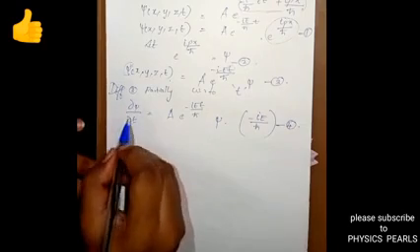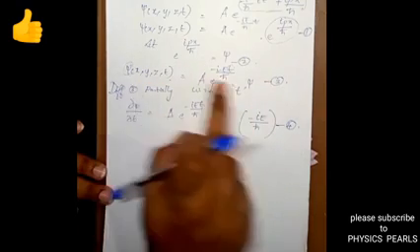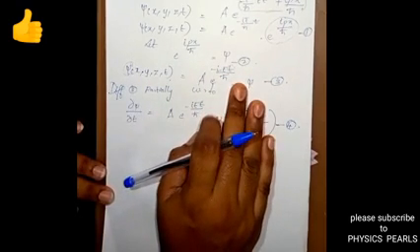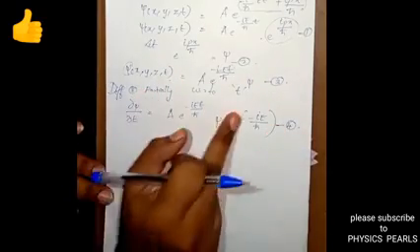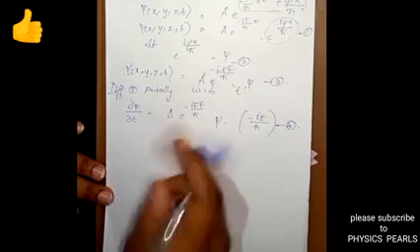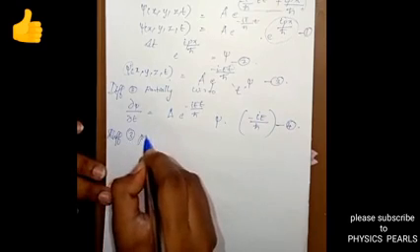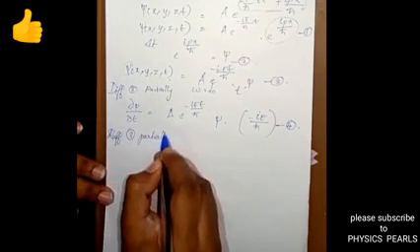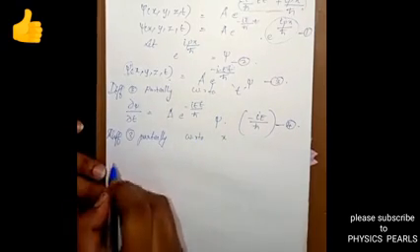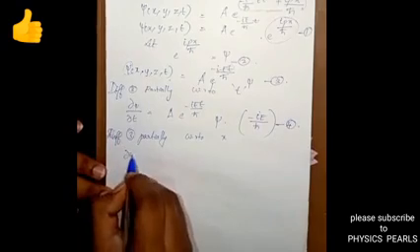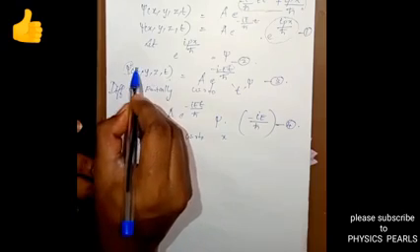Then we are going to differentiate equation number 3 again, partially with respect to x. Before we did it with respect to t, and now we are going to do it with respect to x. So now it takes the form dou psi by dou x, because we are differentiating partially with respect to x.